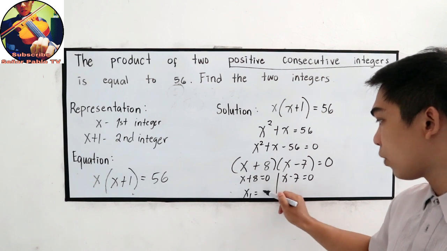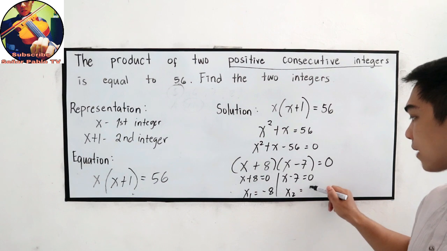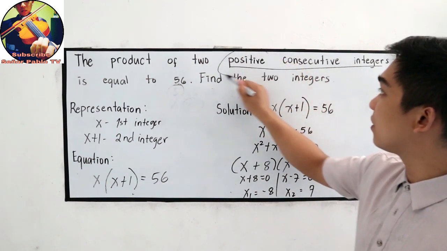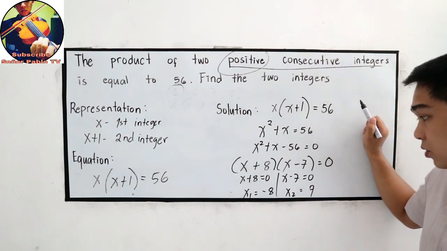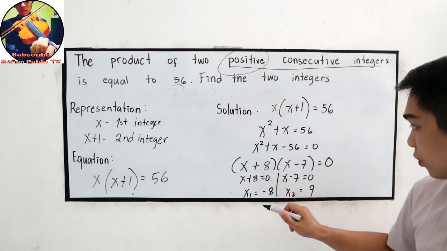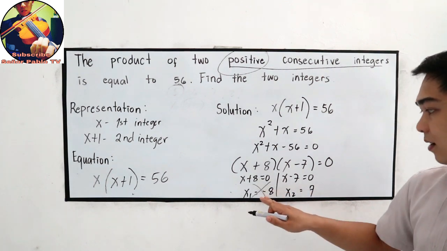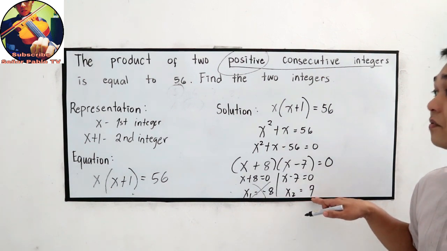X sub 1 is equal to negative 8. X sub 2 is equal to positive 7. We are looking for positive integers. So we're going to neglect negative 8. We're just going to get positive 7.